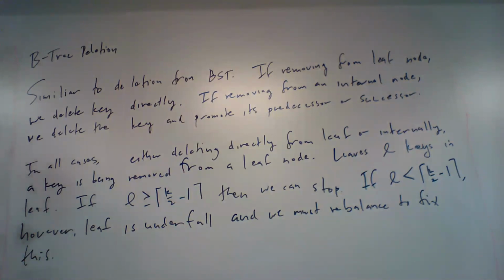So if we don't have enough keys left in the leaf after we pull one out, we're going to have to reorganize the tree to try to fix that. And we want to reorganize the tree in a way that's going to be efficient. Okay? And so there are actually two ways that we rebalance. And we go for the easiest one first, and if we can't do that one, then we go for the next one. All right?